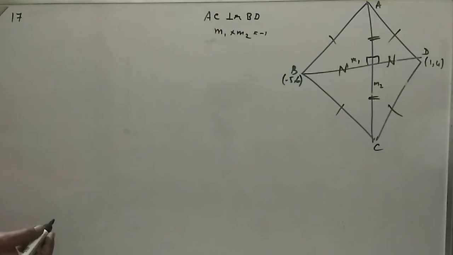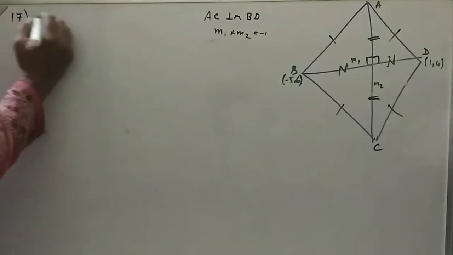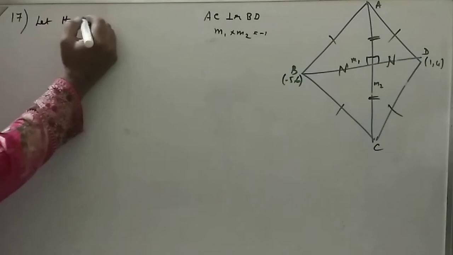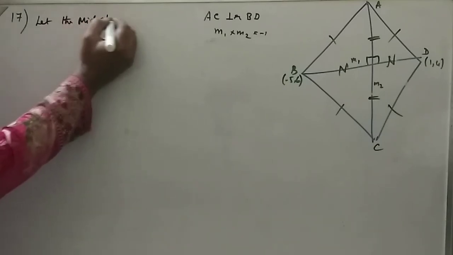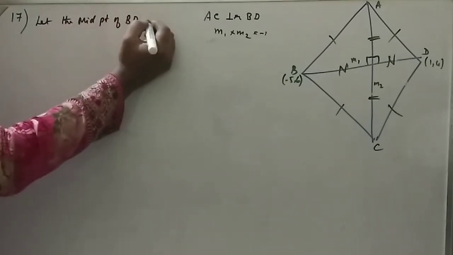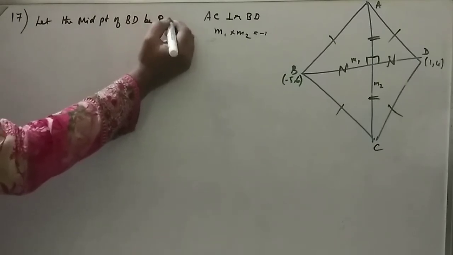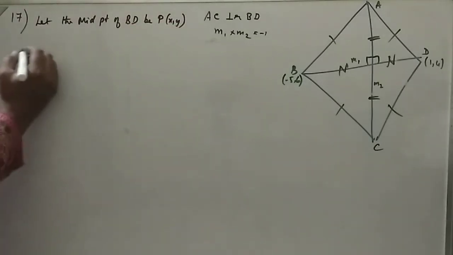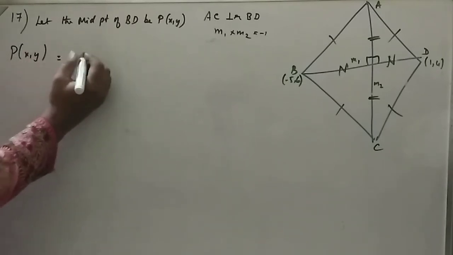First we have to find the midpoint of BD. Let the midpoint of BD be P. Now, find the midpoint.